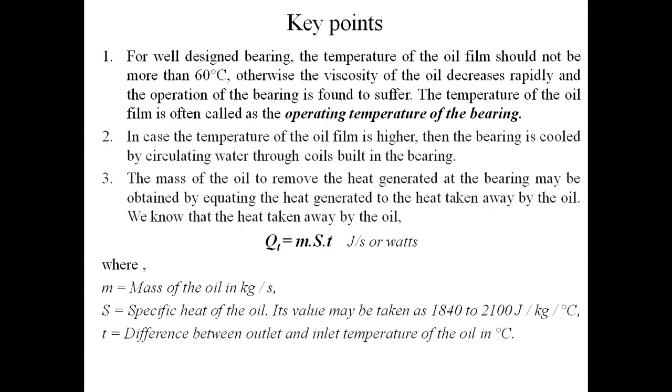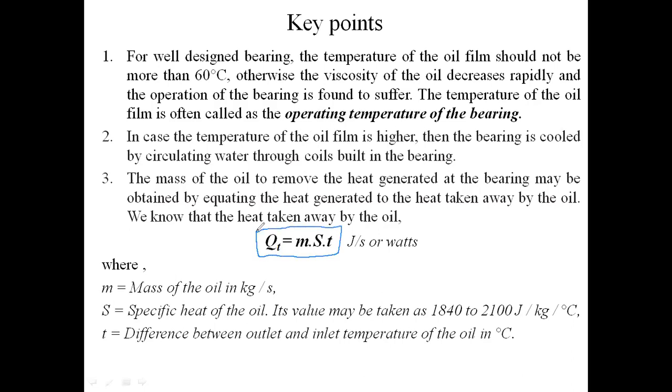In the third one, the mass of the oil to remove the heat generated at the bearing may be obtained by equating the heat generated to the heat taken away by the oil.